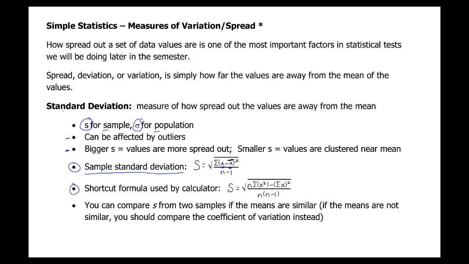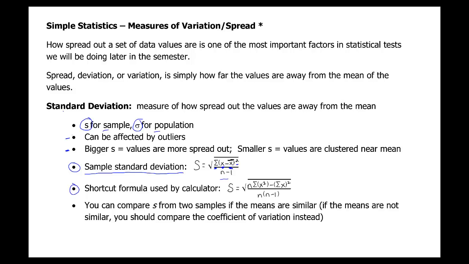So how far away is one value from the mean of the data values in that set? We square that. We do that for each value of x and add them all together. We divide that by n minus 1 and then take the square root of the whole thing. Now you'll probably say to yourself, that looks like a lot of work, and yes, I will show you how to use your calculator to do that.